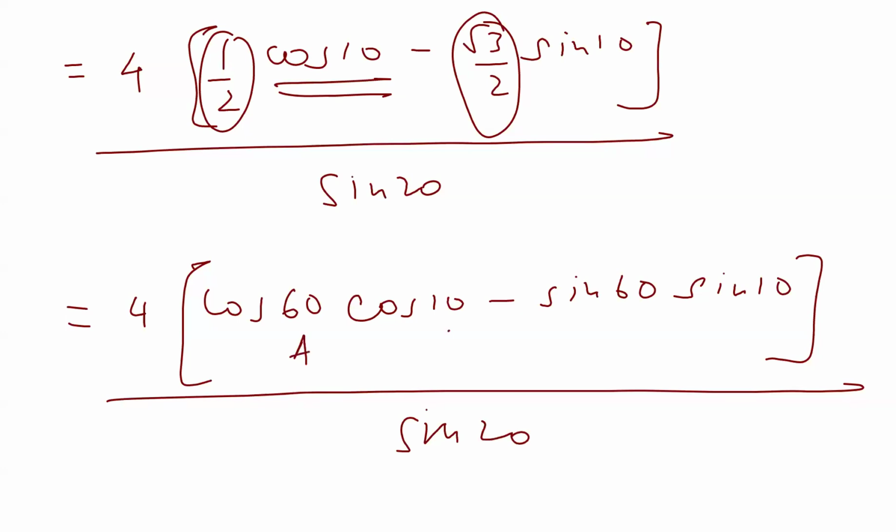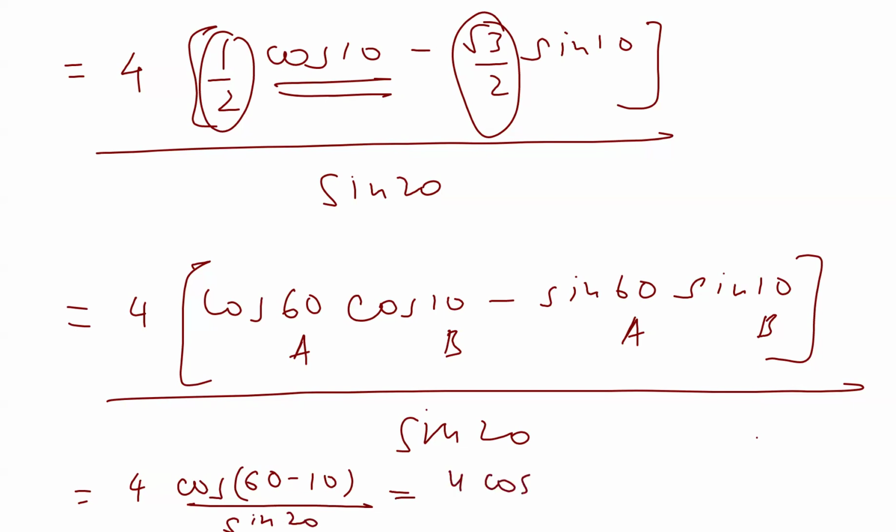So this is cos A cos B minus sin A sin B. So cos A cos B minus sin A sin B is cos A minus B. So this can be written as 4 cos 60 minus 10 upon sin 20, so 4 cos 50 upon sin 20.